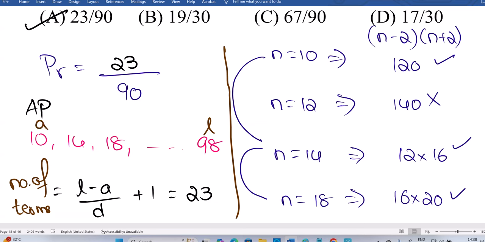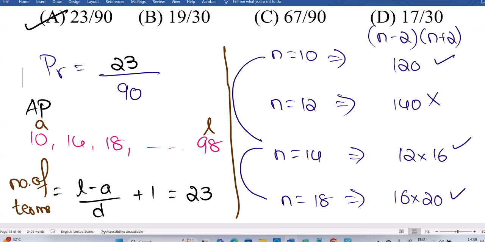Last term minus first term divided by common difference plus 1 will give the number of terms. So we have 23 terms satisfying the given condition: (n minus 2) into (n plus 2) divisible by 8. Why I said this question is good is that there is something we can learn. When there is scope, there is some learning, be happy. If it is a routine question, it's a waste of time. So there is something you have to learn.